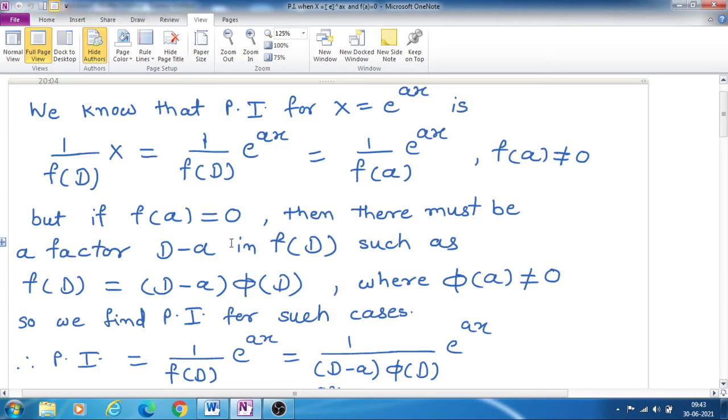if f(a) is equal to 0, then this will happen if there is a factor D minus a in f(D). That means f(D) is equal to (D minus a) into the remaining function phi(D).